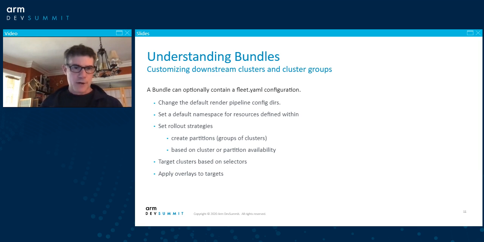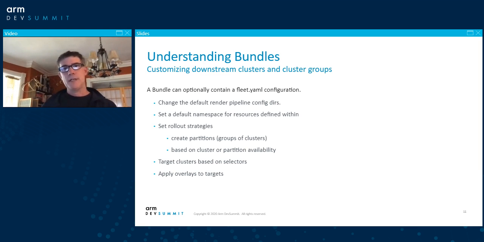We can set rollout strategies. We can create partitions, which are basically groups of clusters, or we can do it based on the cluster or partition availability. And we can do things like canary deployments.